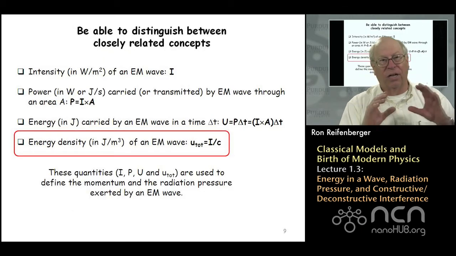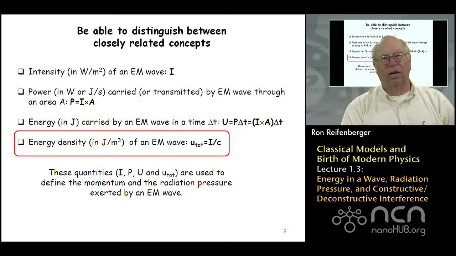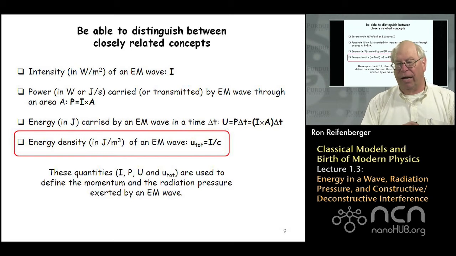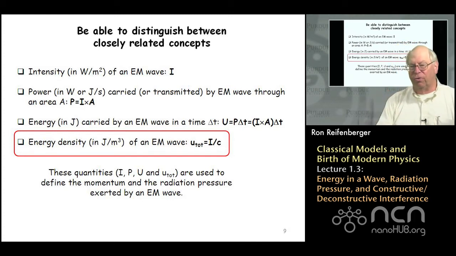Now, I is something that you can directly measure. You can go to Walmart and buy yourself a power meter and measure the intensity of an electromagnetic wave in watts per square meter, right? From that measured quantity, you can derive a variety of different properties of interest, just by using some very simple theory.